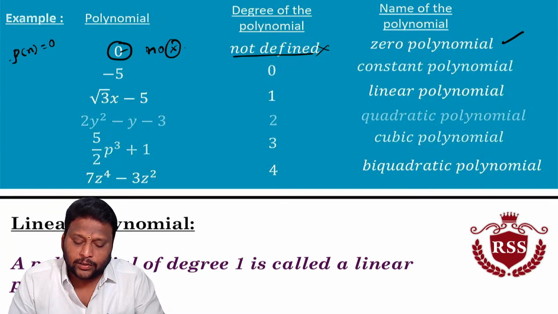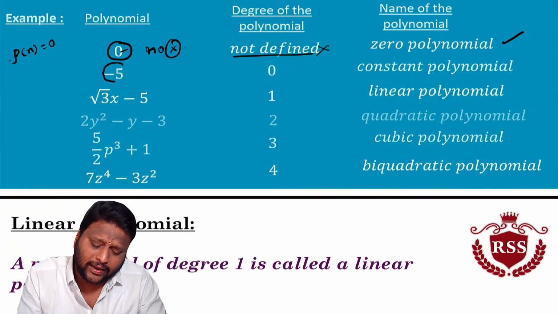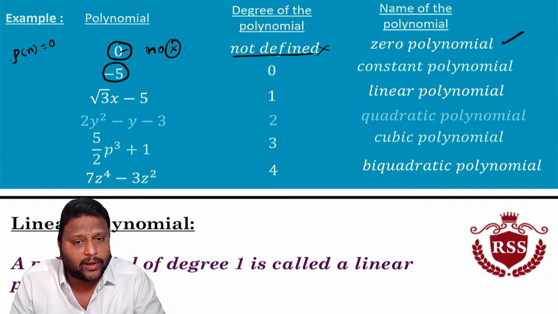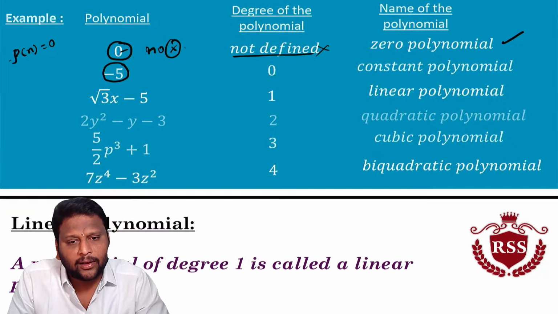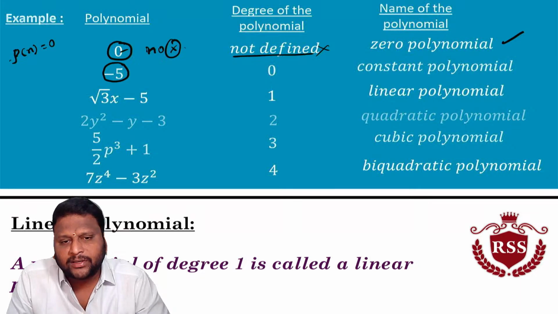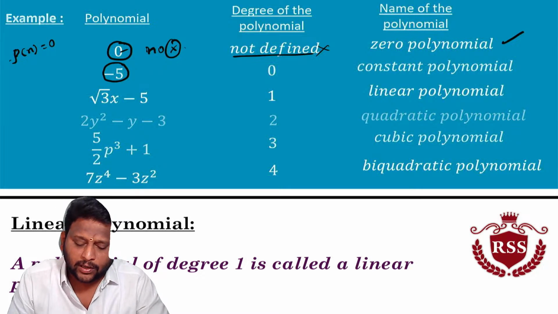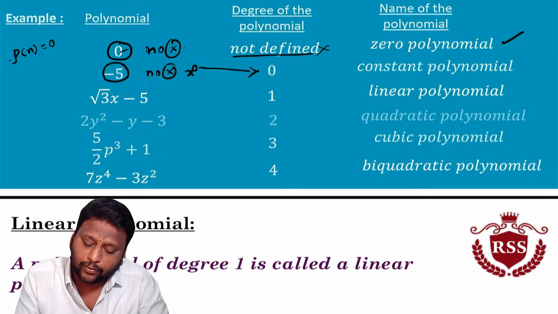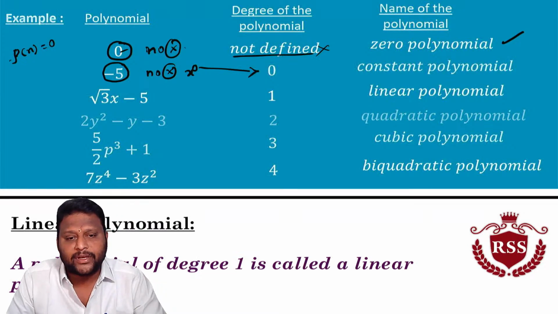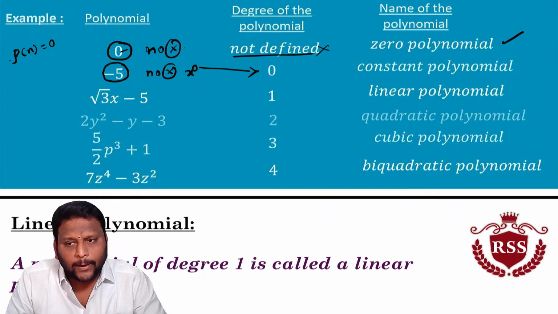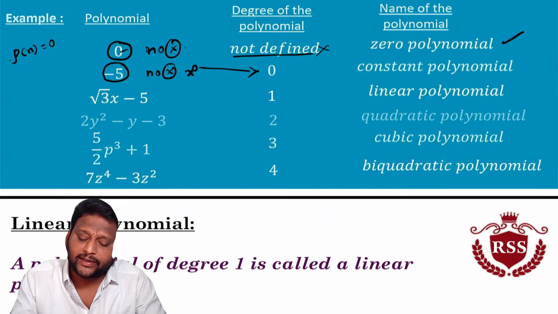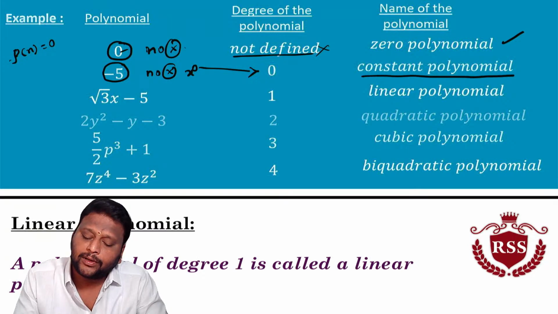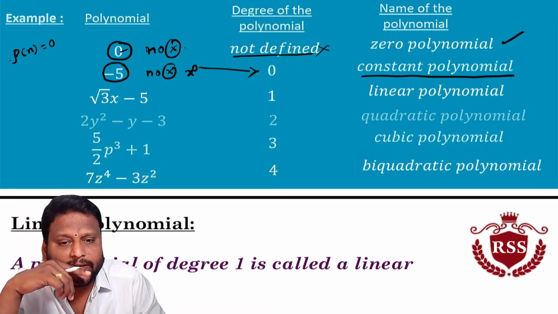And minus 5 is a polynomial. Every number is also a polynomial, every variable is also a polynomial. It is a term, and a term is an algebraic expression. So there is no x, that is x power 0, that's why the degree is 0. That is a constant, which is why it is a constant polynomial. If the polynomial is totally 0, that is called the zero polynomial.